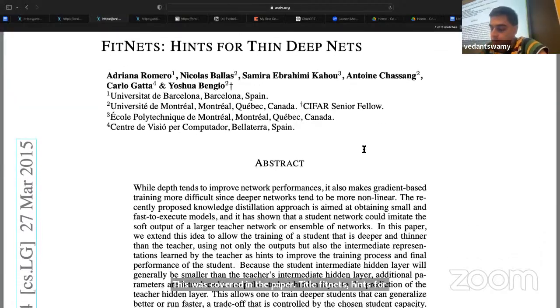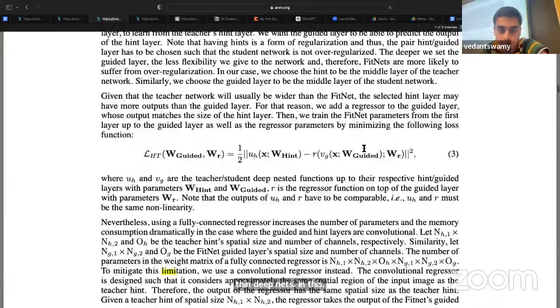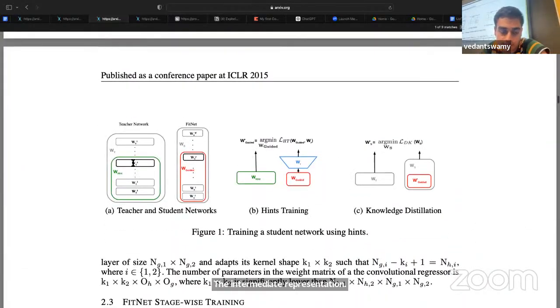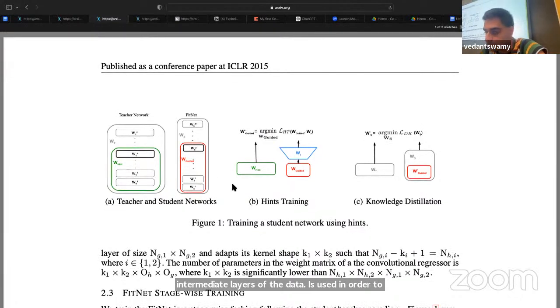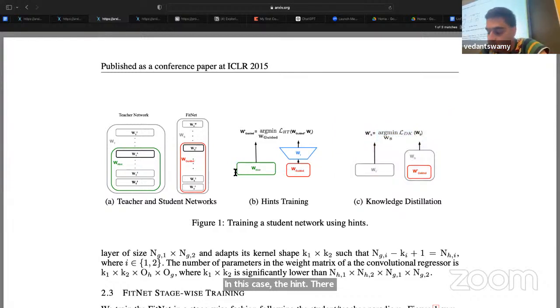In this, the intermediate layers of the model are used in order to train the student such that it can match the teacher. The hint referred to here is the output of the teacher model that is used to guide the student model.